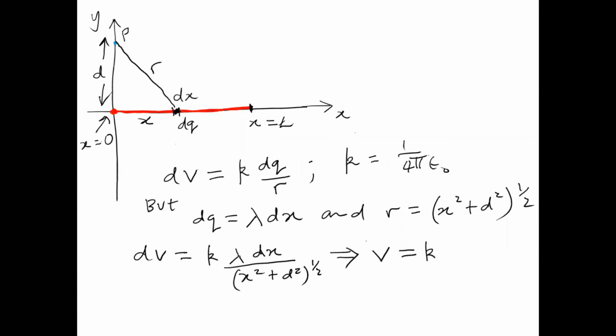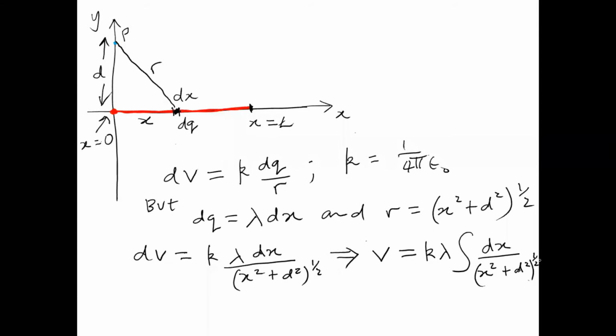Lambda is a constant, so I'll factor it out. Then I just have to integrate dx over (x squared plus d squared) to the power half.